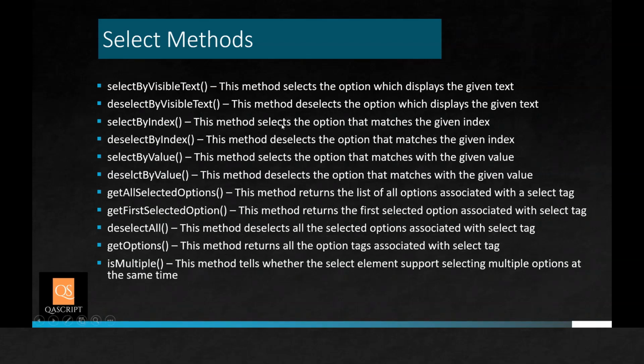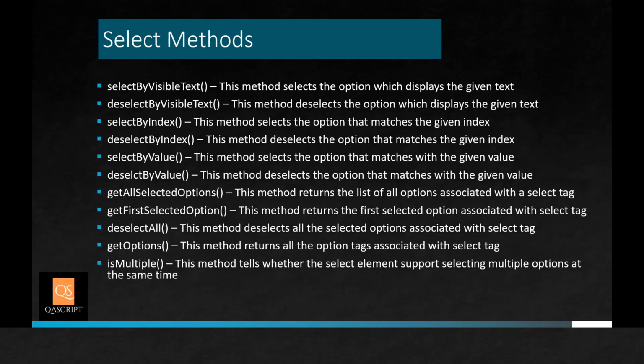Do note that all these deselect options are only applicable if it is a multiple select drop down. Not all select drop downs are multiple select drop downs. In some drop downs you can only select one item at a time, but some allow you to select multiple items at the same time by pressing Control, and you can select multiple options in the drop down.